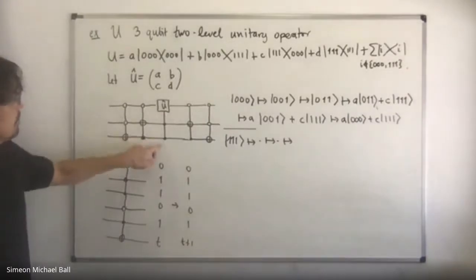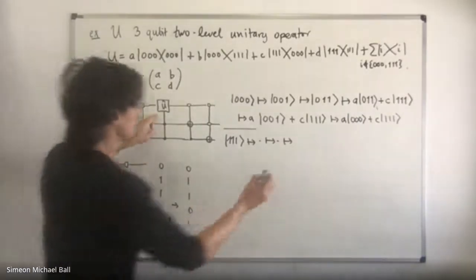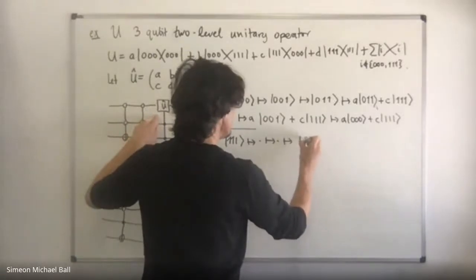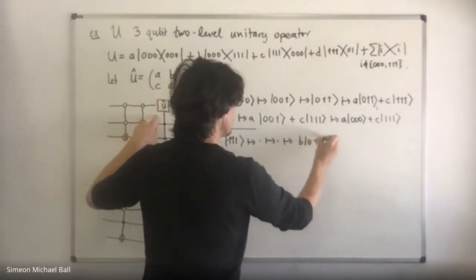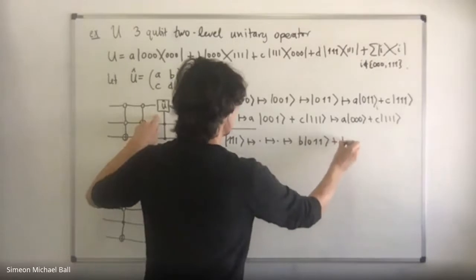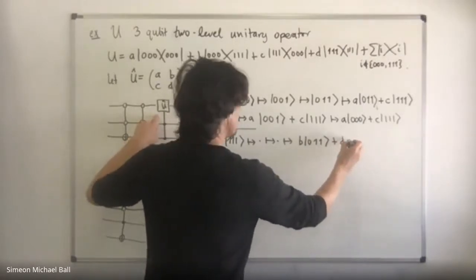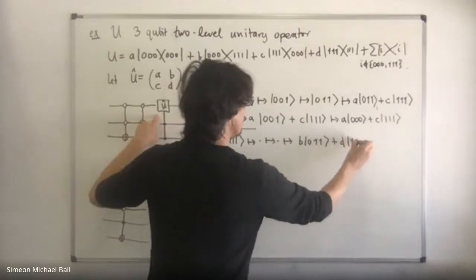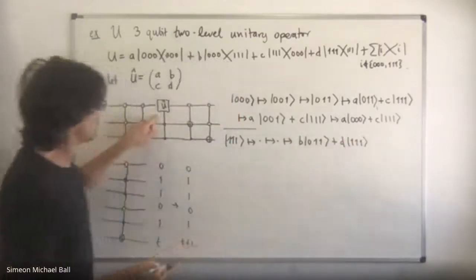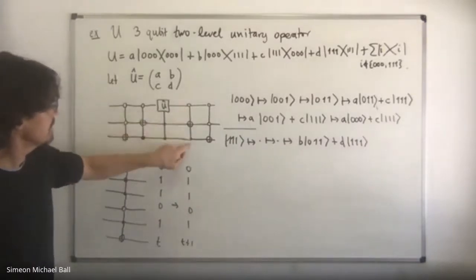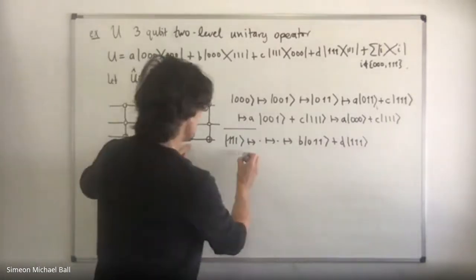And then here the 1, 1 is set, so now we just apply to the first qubit and we get a B0, 1, 1 plus a D1, 1, 1. And now we do have the 0 and the 1 in the first term.